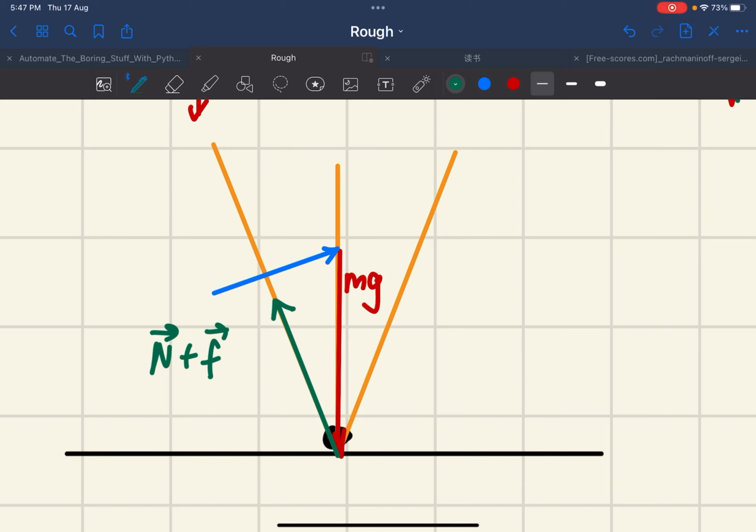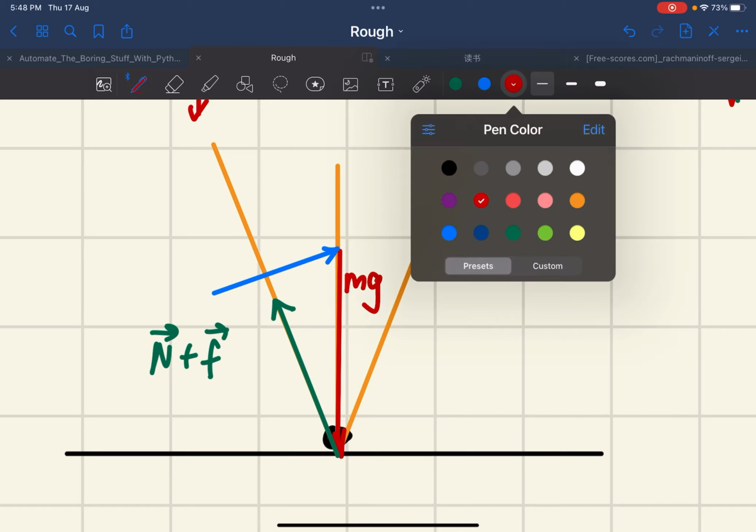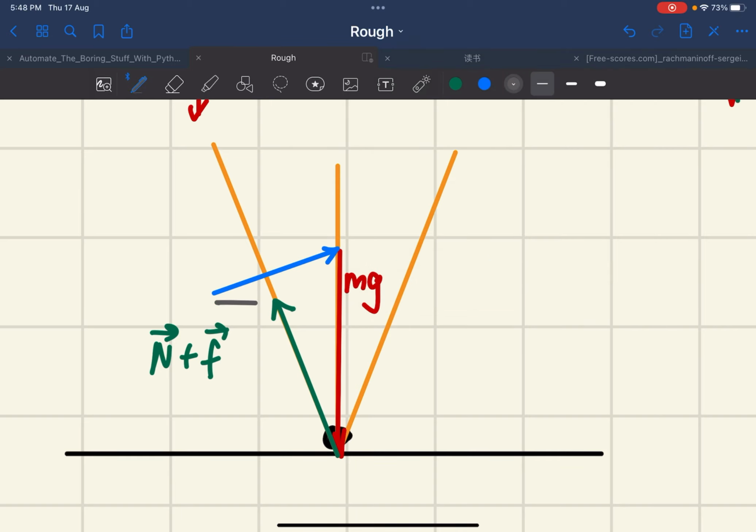It can only be a maximum of mu n. Therefore, the net force on the box is non-zero. The box will start accelerating.